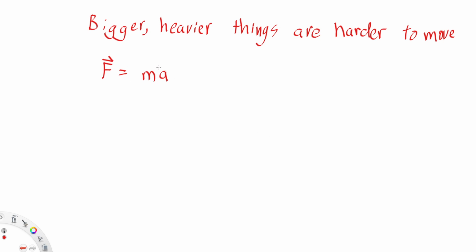So, since bigger things are harder to move, we're going to say that mass is a proportionality constant, which actually kind of just moves the goalposts back, because now instead of answering what's a force, we have to answer what's a mass? Like, what does mass even mean?